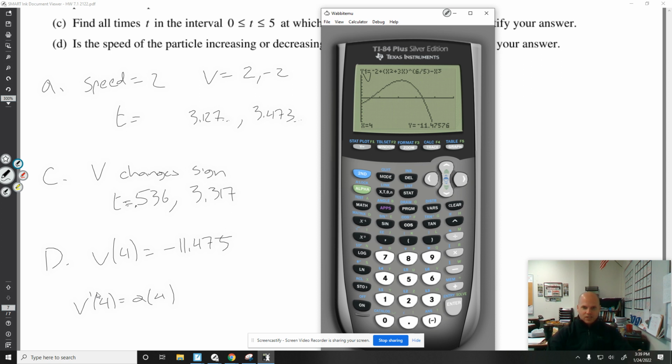That'll tell me if velocity is increasing or decreasing. Second, calculate dy/dx at 4. Negative 22. What is that telling me? Velocity is decreasing. We got velocities of negative 11, negative 12, negative 13. My velocity is getting larger in the negative way. I'm going faster. I'm decreasing, concave down, speeding up.